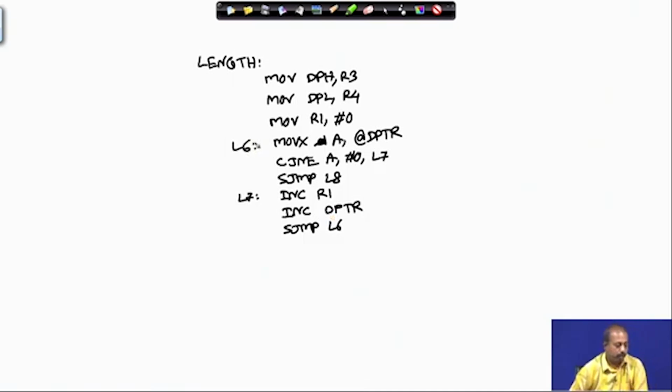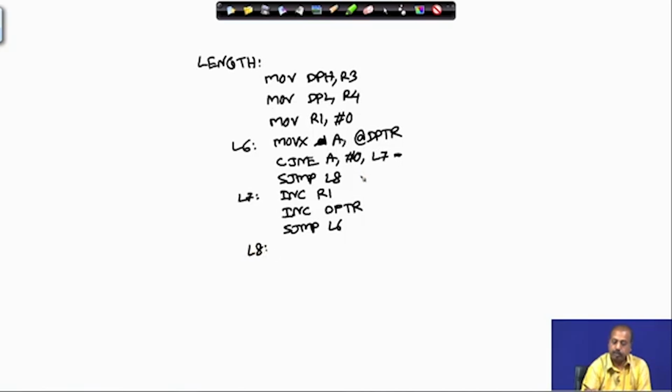Okay. So, this way I can get the length of the first string, till it is coming to this 0. So, compare jump on not equal A has 0 L7, it will be incrementing, and this is the point L8.